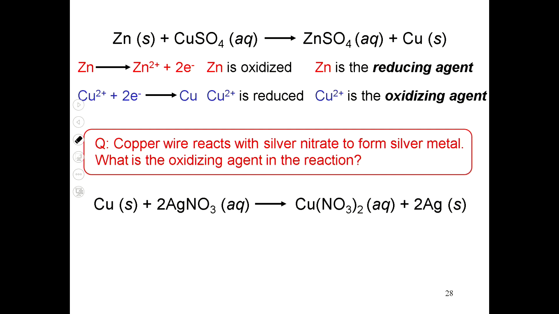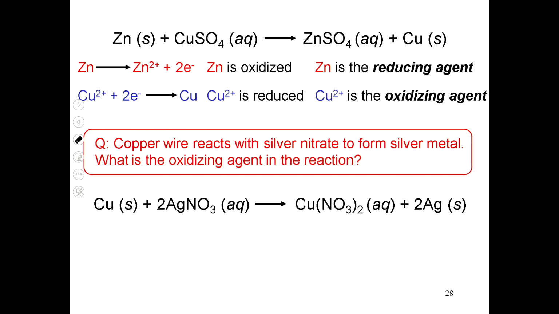In this reaction, the copper changes from 0 to a positive charge, right? And the silver is +1, so finally it becomes 0. The copper lost electrons, it gave them away. So which one gets electrons? Silver. It was positive, then became neutral. Silver gets electrons and changes from +1 to 0, right?